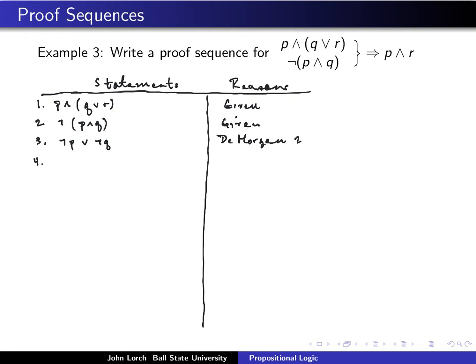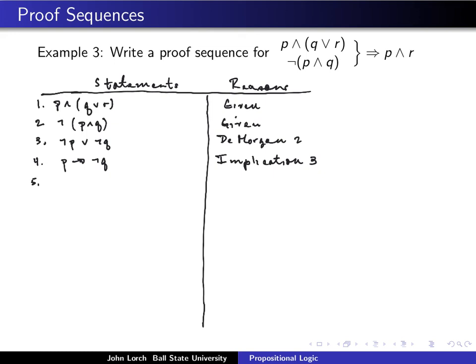And then, using the implication equivalence rule, I can write this as if P then not Q. So that's the implication in line 3.